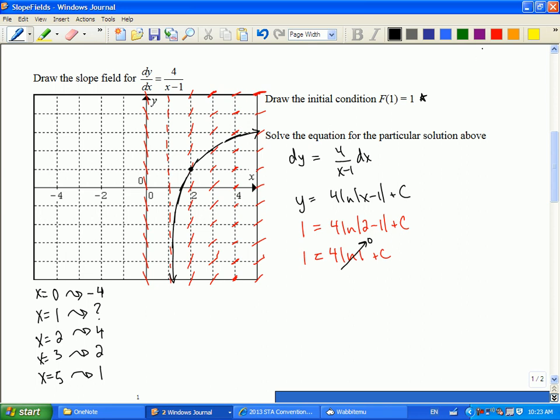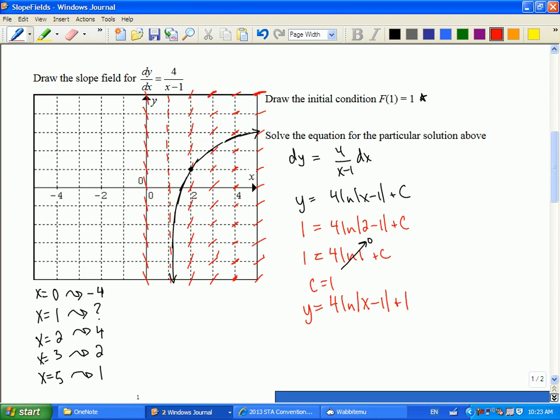And that's a 0. So I get that my constant is equal to 1. So this is y equals 4 natural log of x minus 1 plus 1.